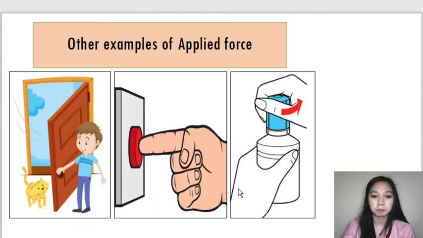Okay? Next, other examples of applied force. Actually, applied force or forces in general are part of our everyday life. We are just unaware that we are already experiencing force. Example, the moment you open the door or close the door or switch off the light or switch on the light or even just easily opening a cup, you are already applying an applied force.